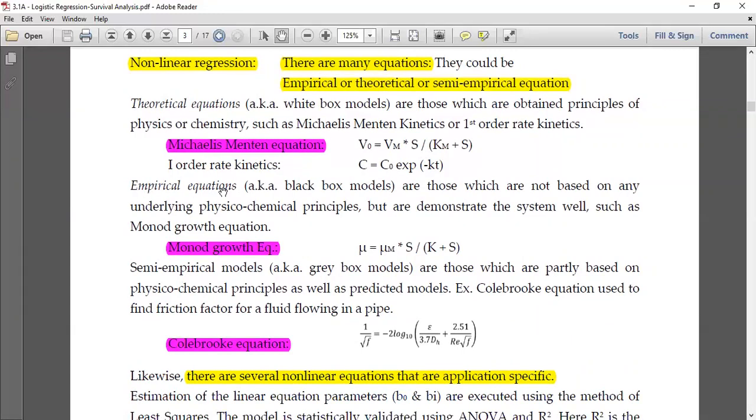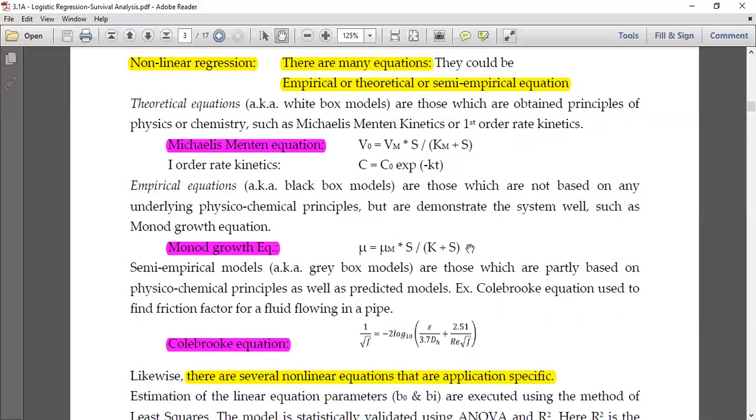Another type is the empirical equation. They are also known as black box models. In the case of an empirical model, you are using the equation just because it fits your output to the input well. For example, Monod growth kinetics. Monod growth kinetics is represented similarly to the Michaelis-Menten kinetics, but this has nothing to do with the growth curve, in the sense of the way the microbes grow.